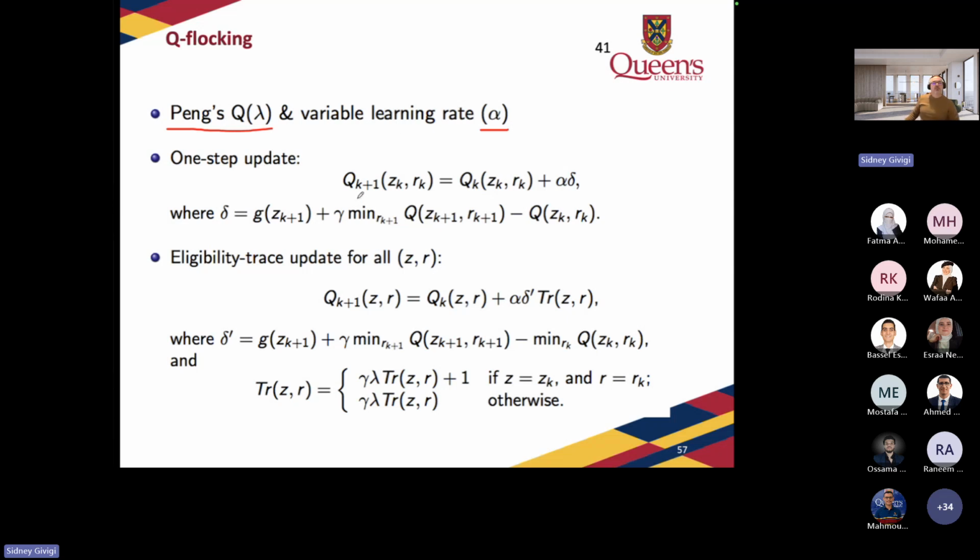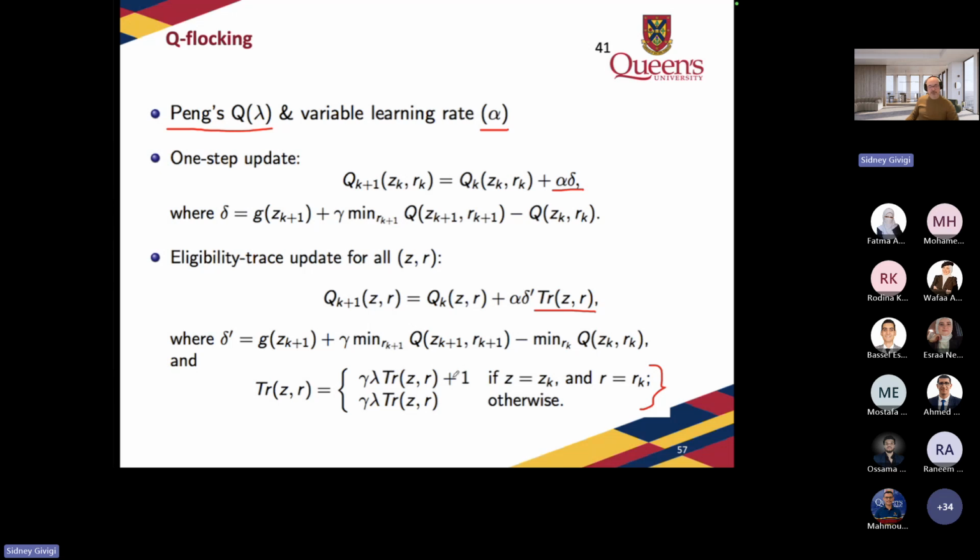So here we are going to use these updates that, instead of just one step, use the idea of eligibility traces. This TR here is eligibility traces. Then I can create these eligibility traces very similarly to what we have seen in this course, okay?